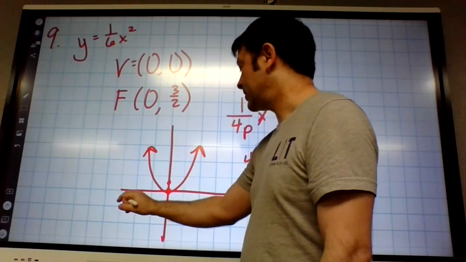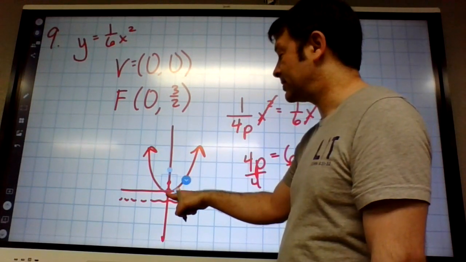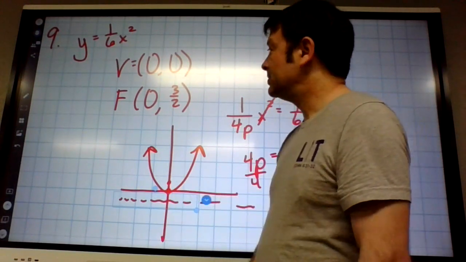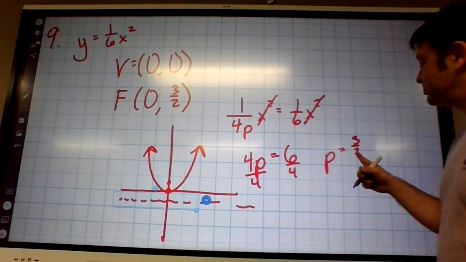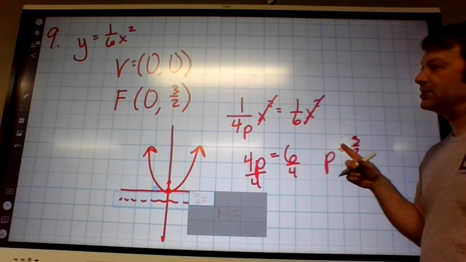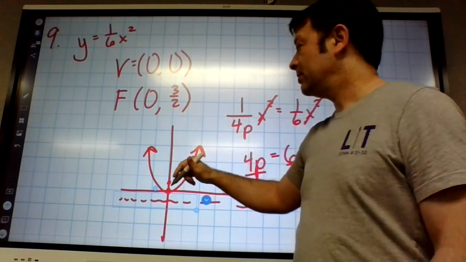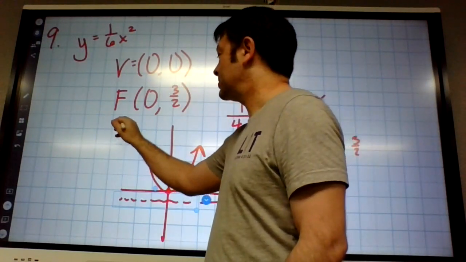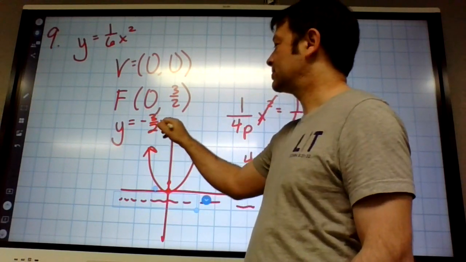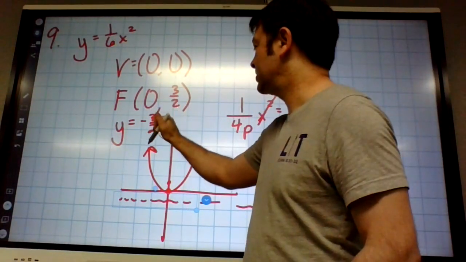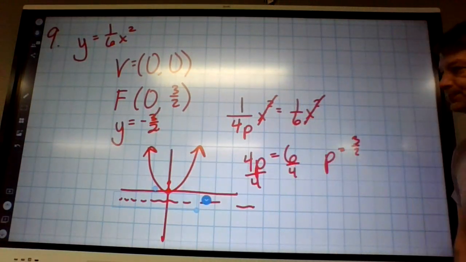The directrix is like a line down below it that's the same distance from the vertex as the focus is. So it would be 0 minus 3/2. But it's a line, so the equation is y equals negative 3/2. No slope.